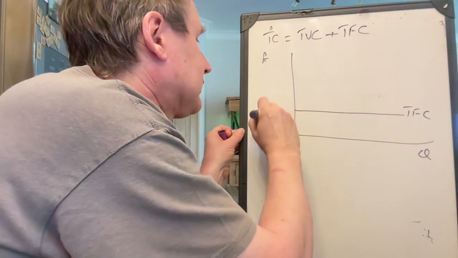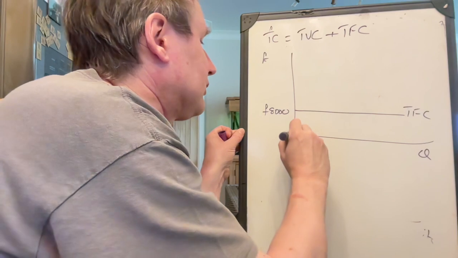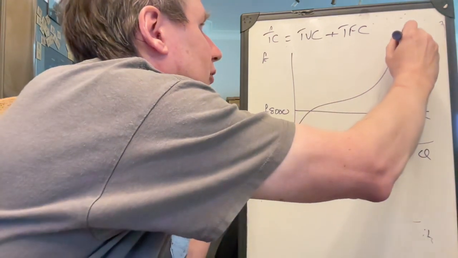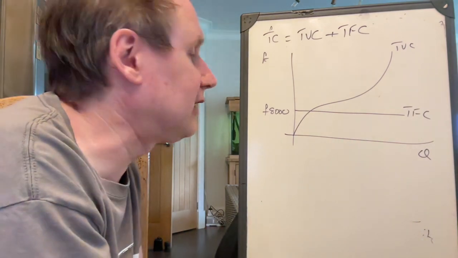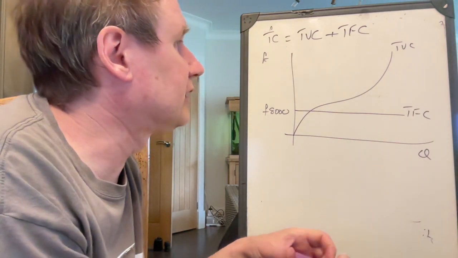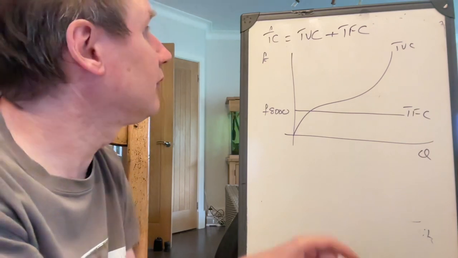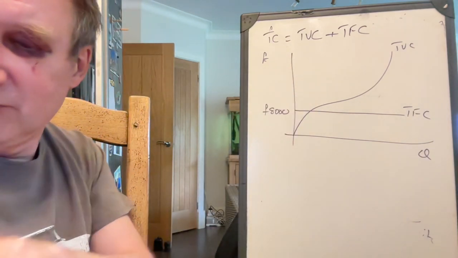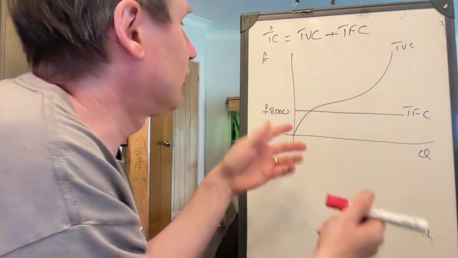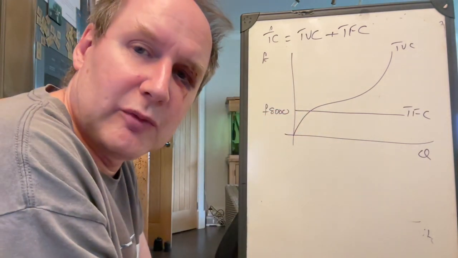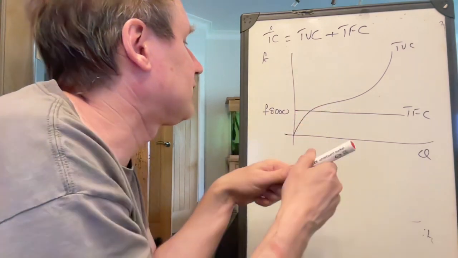In our example, that was 8,000 quid. Total variable cost, we've just said, looks like that. Initially it rises more slowly, then it rises more quickly. So what does my total cost look like, which is made up of the two? Well, it's just going to be total variable cost with total fixed cost added on. We're going to add £8,000 to that line.